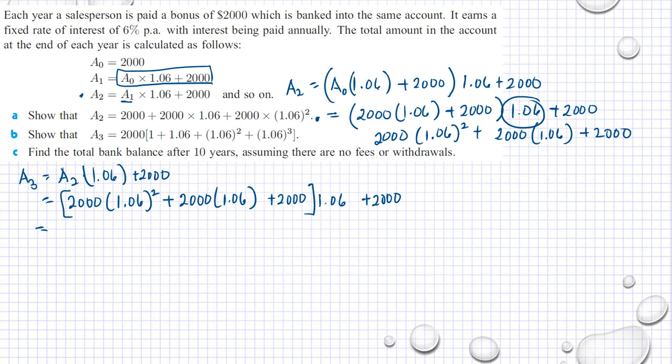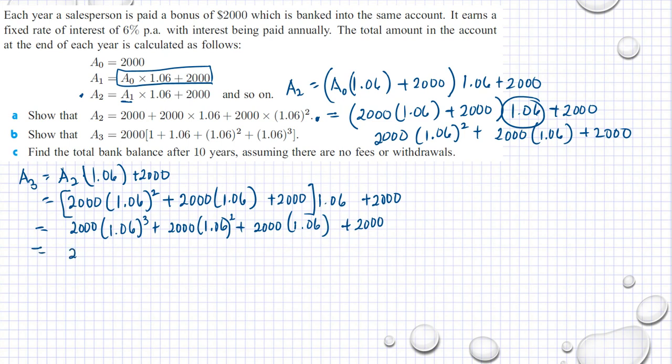Then we have 2,000, not 20,000, just 2,000. Sorry. Multiplied by 1.06 raised to 3 plus 2,000 multiplied by 1.06 raised to 2 plus 2,000 multiplied by 1.06 plus 2,000.